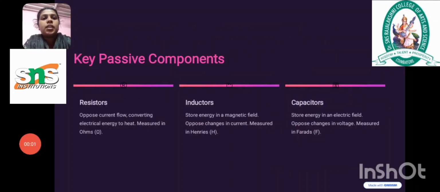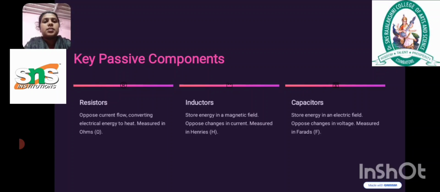And the next, the key passive components of an AC circuit are resistors, inductors, and capacitors. There are three types. These are passive electric components that resist the flow of alternating current in different ways. The resistor dissipates energy as heat and capacitors store energy in an electric field.